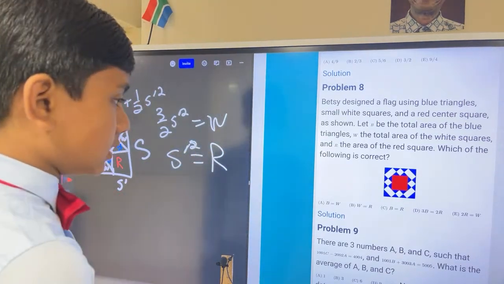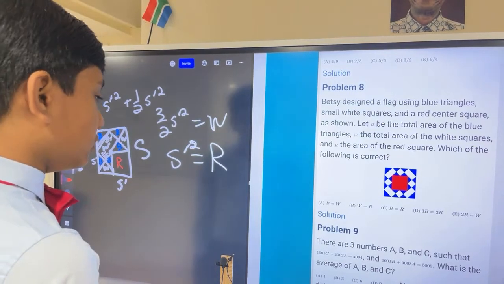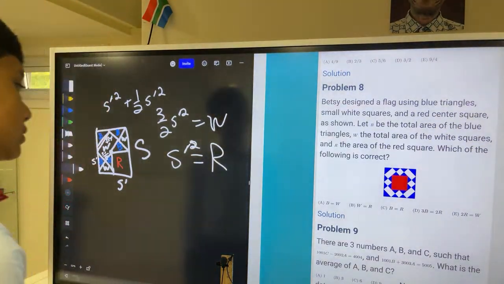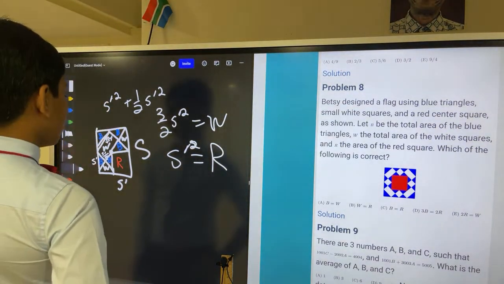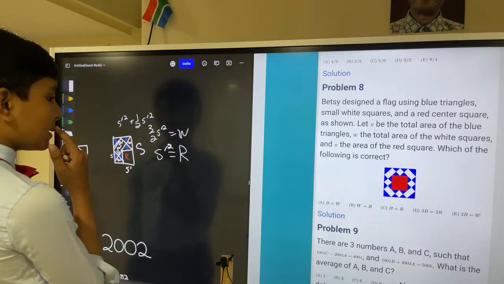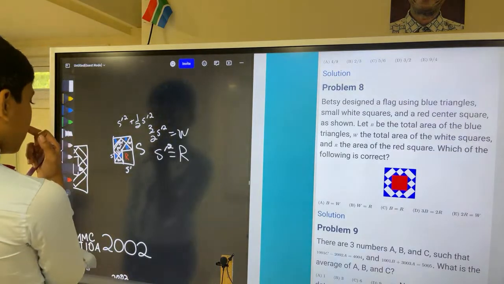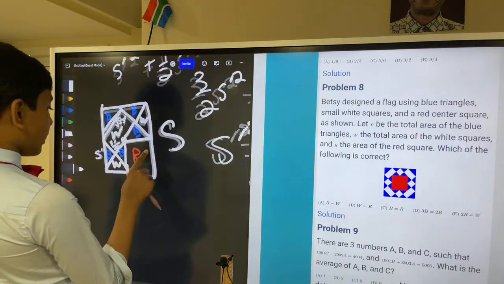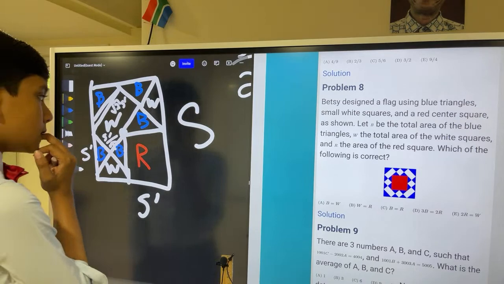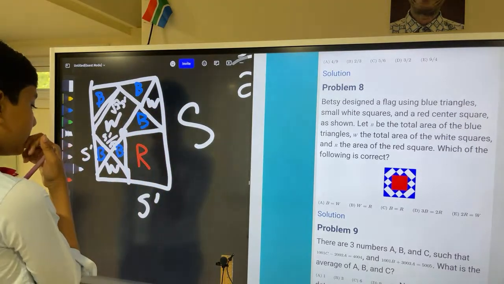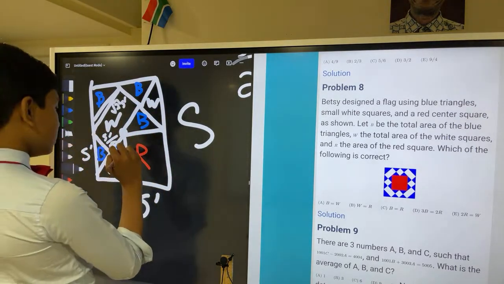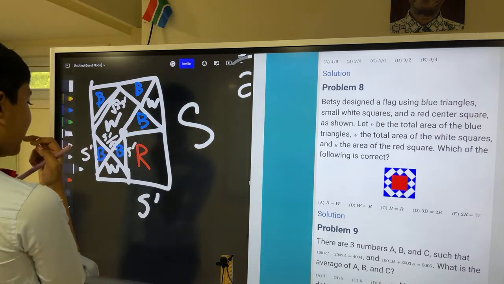Wait a second. 3 blue equals 2 red. That's the one I'm itching towards. Alright, so when we have blue, we can say this is just 2S prime, but whatever. When we have blue, this is S prime.